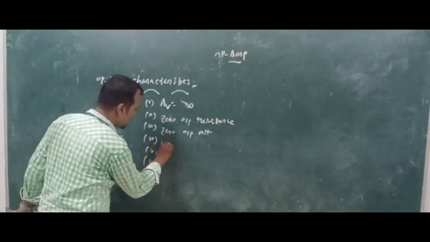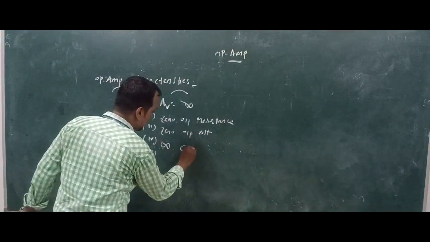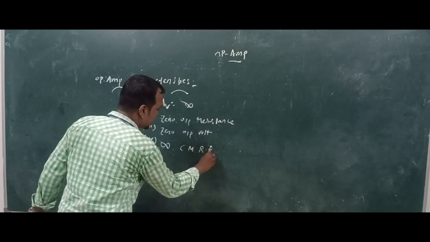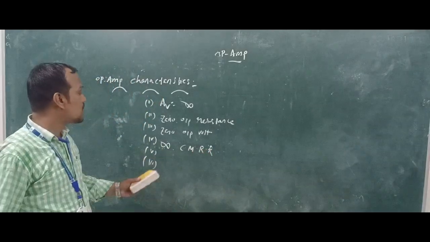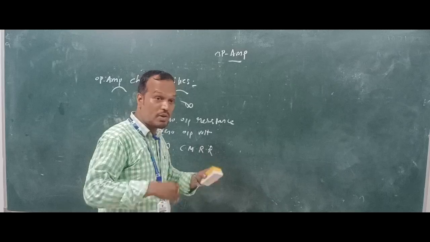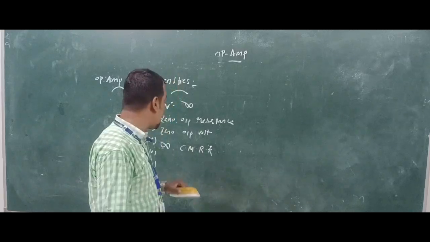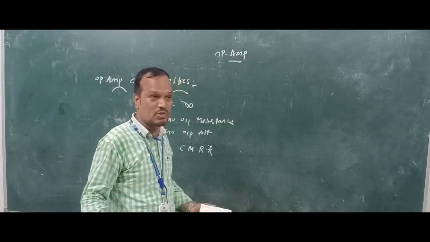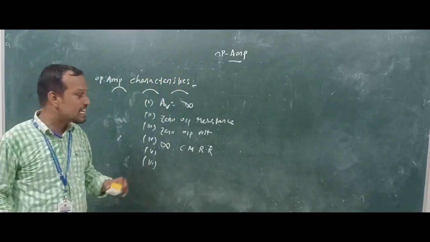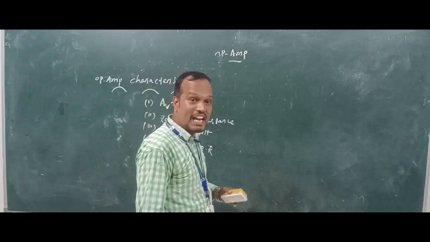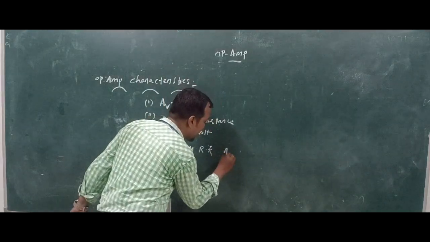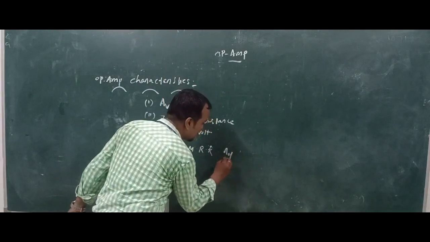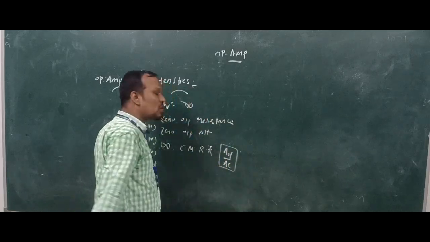Infinite CMRR, common mode rejection ratio. Whenever we go through the parameters of the op-amp, I will tell you details about the CMRR. CMRR is nothing but the differential gain by the common mode gain, that is AD by AC. That is called CMRR, common mode rejection ratio.